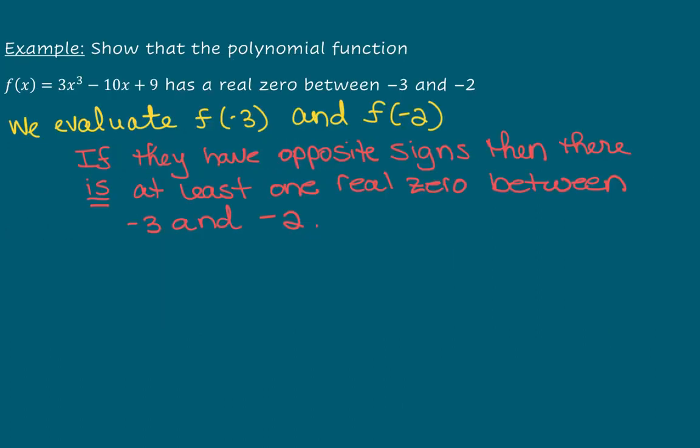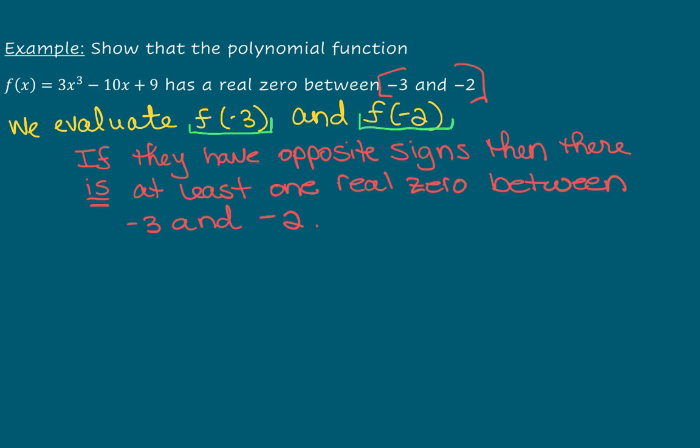So let's work the example to show that the polynomial function f of x equal to 3x cubed minus 10x plus 9 has a real solution between -3 and -2. So in order to do this, we're going to evaluate f of -3 and f of -2.